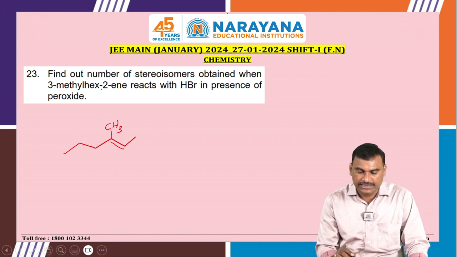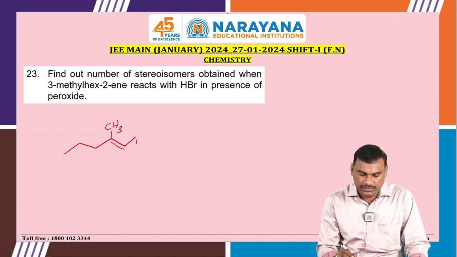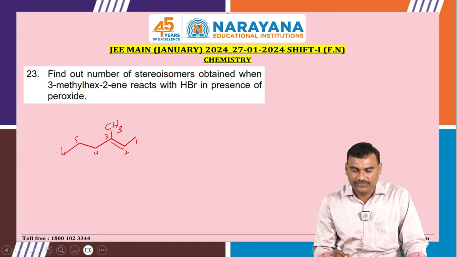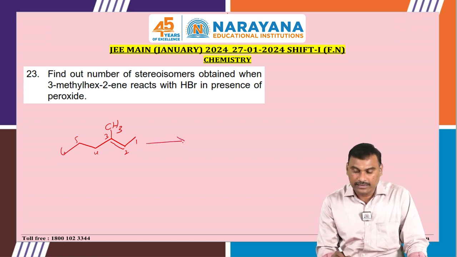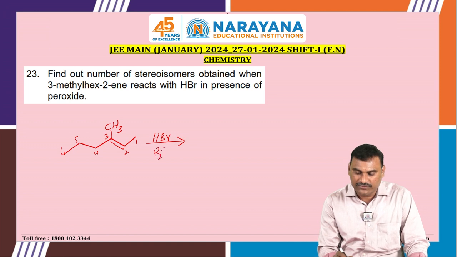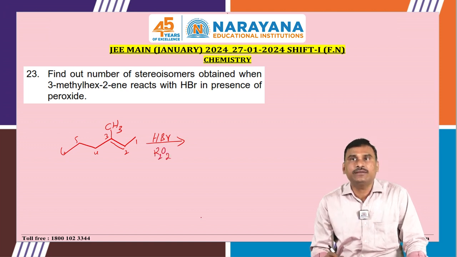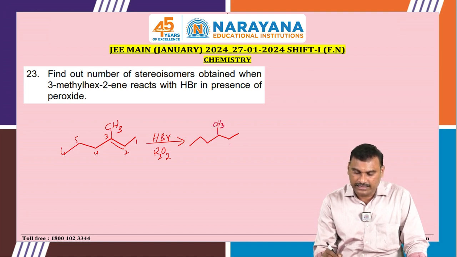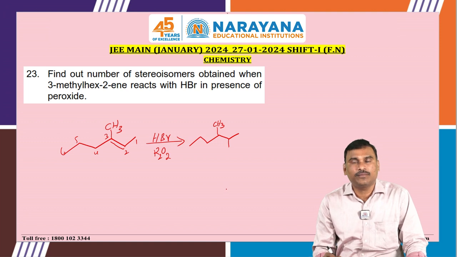Therefore, addition of HBr in the presence of peroxide, also called the Kharasch effect, is anti-Markovnikov addition. It is a radical mechanism. Therefore, the negative part of the reagent adds at the less substituted double bonded carbon.